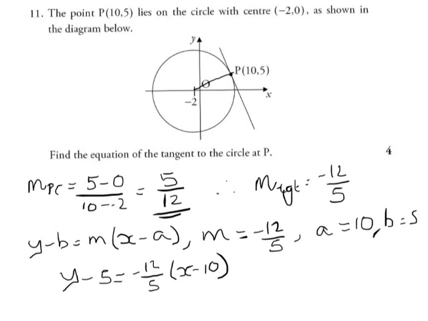However, in terms of the NAB, you will be getting all the marks if you get to this stage. I'm just going to tidy it up by multiplying everything by 5. So I'm going to have 5y minus 25 equals negative 12x plus 120. And I can rearrange that to say 12x plus 5y minus 145 equals 0.